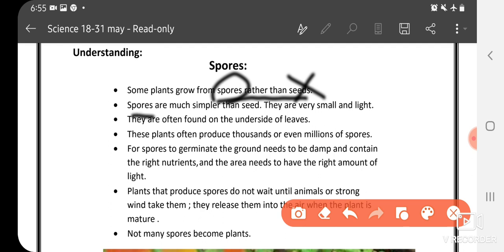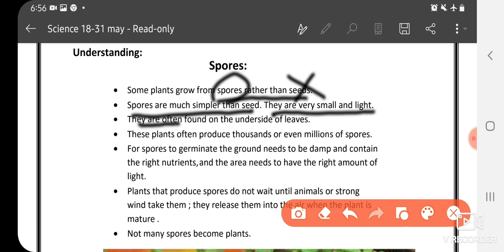Spores are much simpler than seeds. They have a simpler structure as compared to seeds. They are very small and light. In seeds we studied cotyledon, endosperm, embryo, seed coat or testa, but the structure of spores is simple.